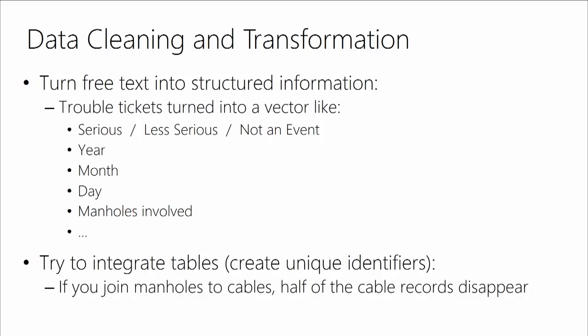And then, again, as I mentioned, trying to integrate the tables is particularly difficult. Just to try to join the manholes to what cables they fit into, we lost half the cable records. And so we had to do a lot of work making sure the integrity of that table join was good.